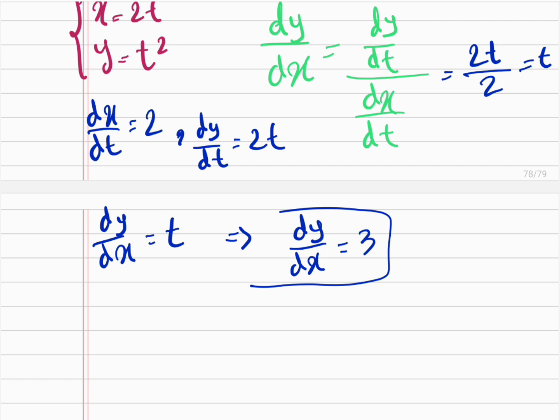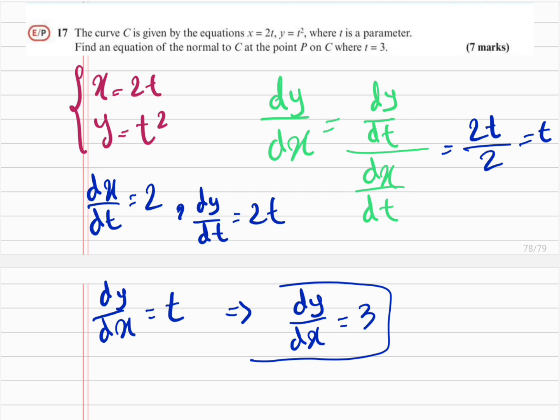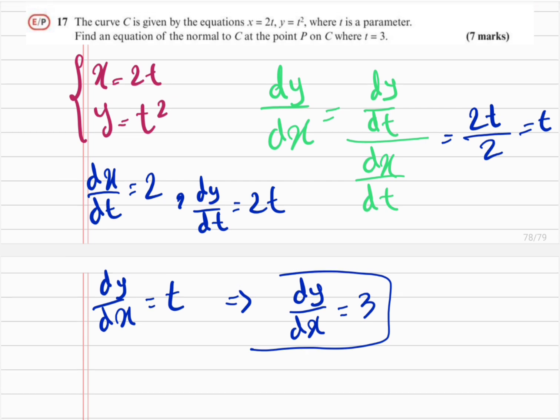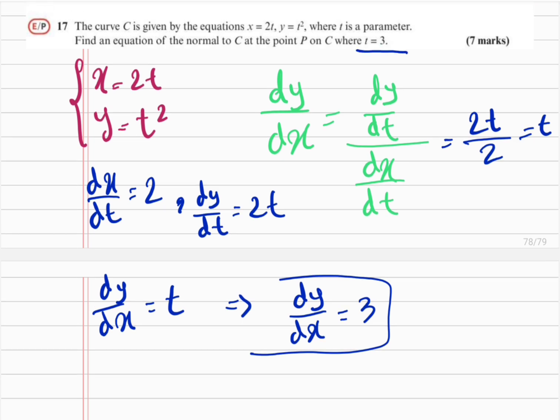We need one more thing, and that's the coordinates of point P, which is on the normal and C. So in order to find the coordinates of point P, we just need to substitute the value of t, which is 3, into the functions of x and y, so that we get the coordinates.